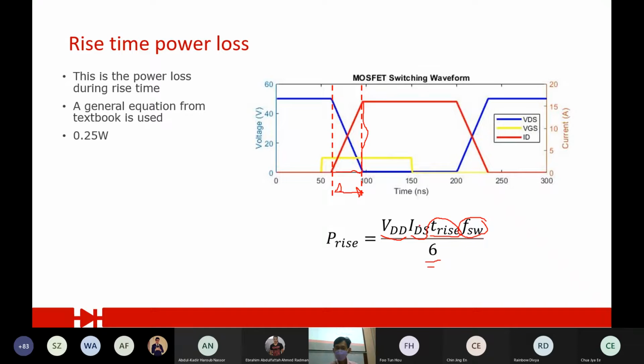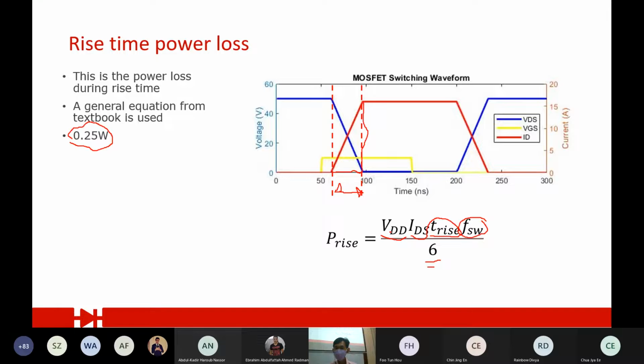Now, after you calculate this, you should see it is approximate, as I say, a general equation from the textbook is used. Unless you can confirm the exact pattern of this, then you can derive the accurate equation.